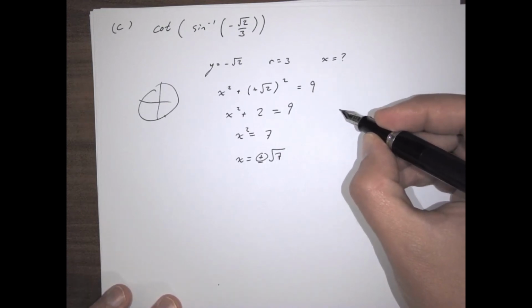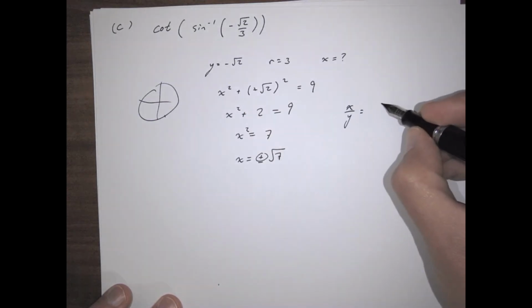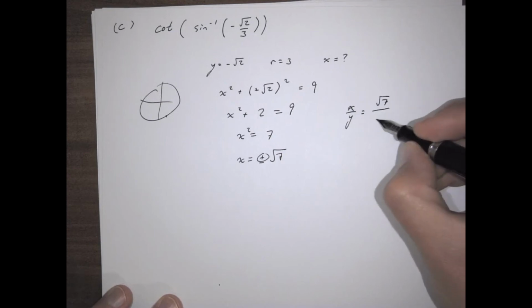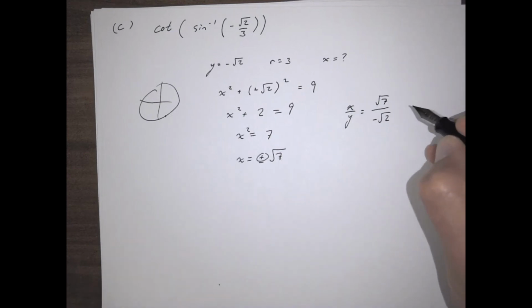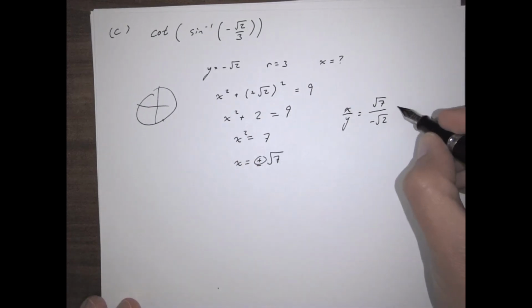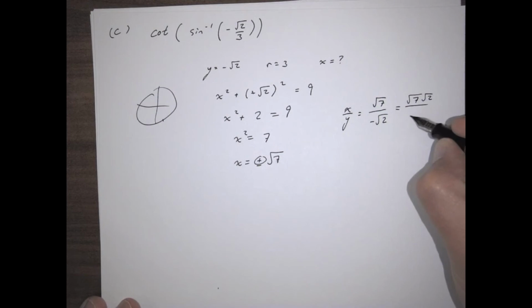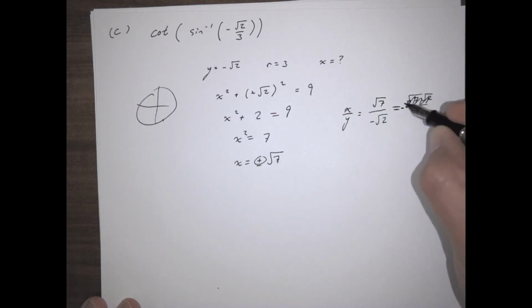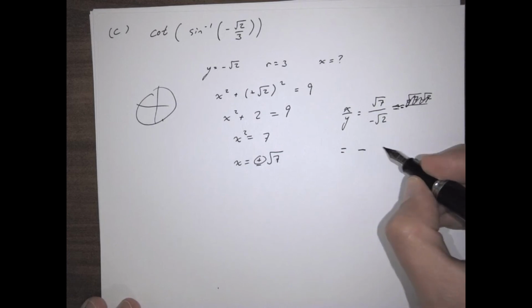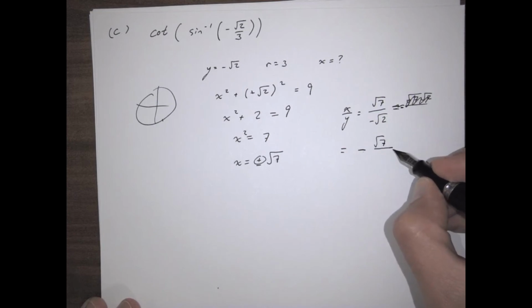And so now for the cotangent, x over y is equal to root 7 over negative root 2, which, if we wanted, we can rationalize this. And I can also pull out the negative to the front, which I will. There. Right where there's more room. So pull the negative out to the front, which will be the standard operating procedure in dealing with these.